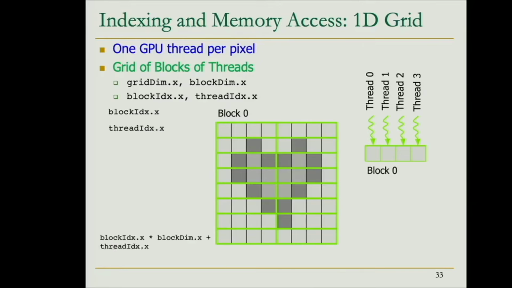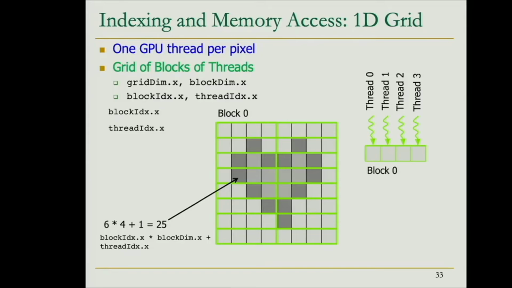Now if we want to know which thread is, for example, computing on this element, what we need to use is the block index, the block dimension, and the thread index. This guy here is pixel number 25, and thread number 25 in the whole GPU is using it for computation.